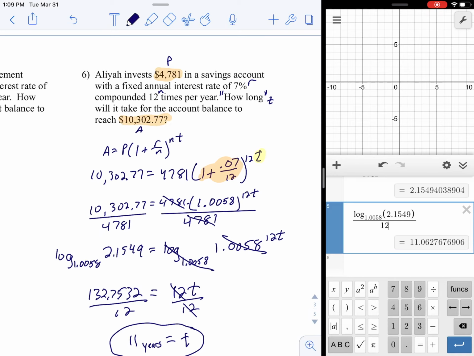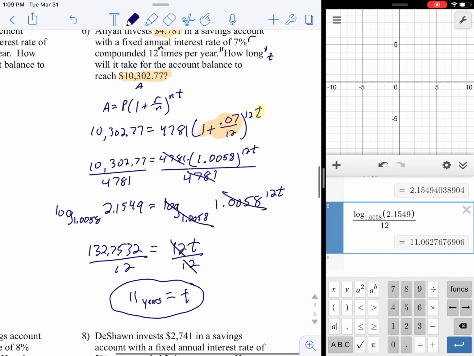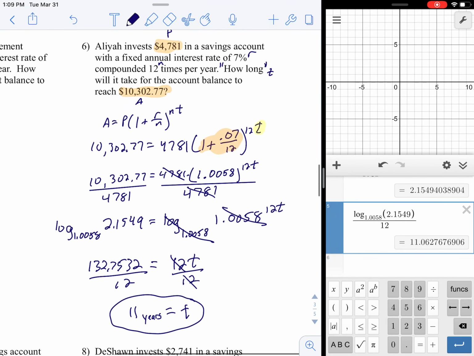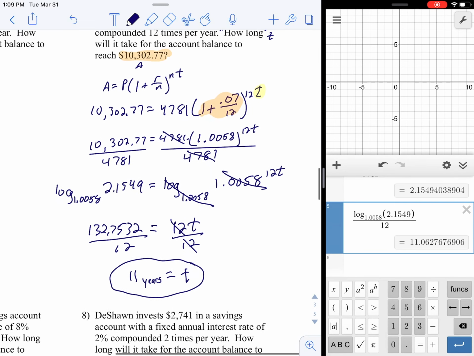And that can be helpful to calculate how many years it takes to reach a certain amount of money. Maybe you're going to make a big purchase. Maybe, within the next 10 years, she wants to be able to buy a car for a certain amount of money, and she just calculates, well, it's going to take 11 years. So that's information that might tell her to save more money or wait longer.